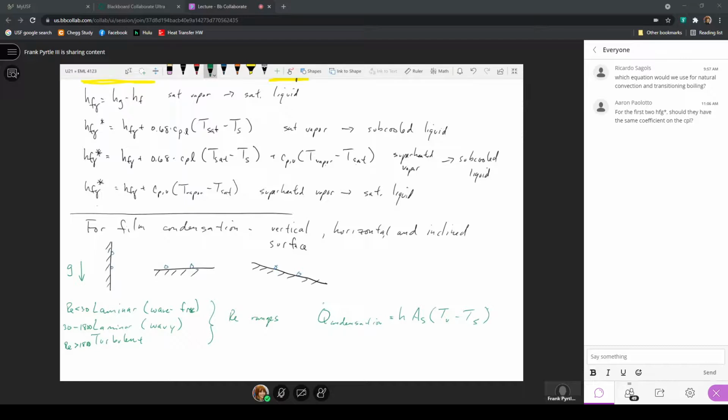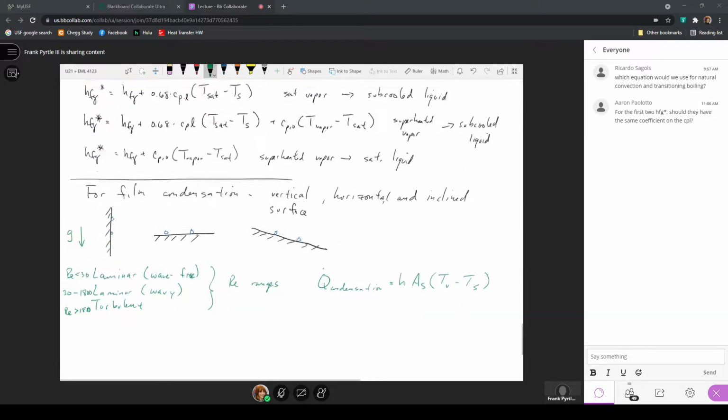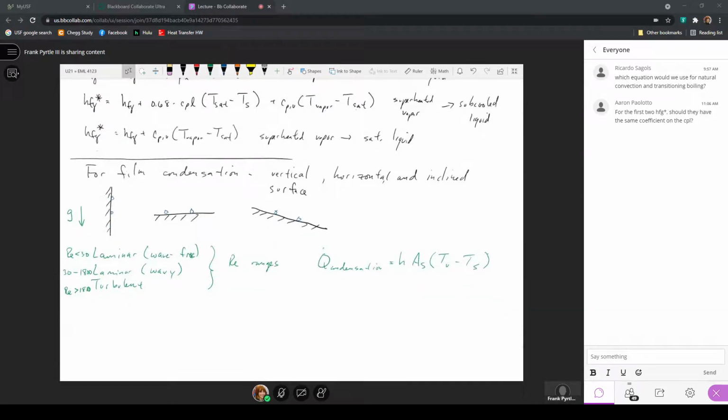For dropwise condensation, because the surface remains clear of any film, there's actually only one expression, well, I guess you could call it two expressions, that would exist for dropwise condensation, such that the droplets just move off the surface. So if they move off the surface and keep that surface exposed directly to the vapor, there's only two expressions that are in your text.